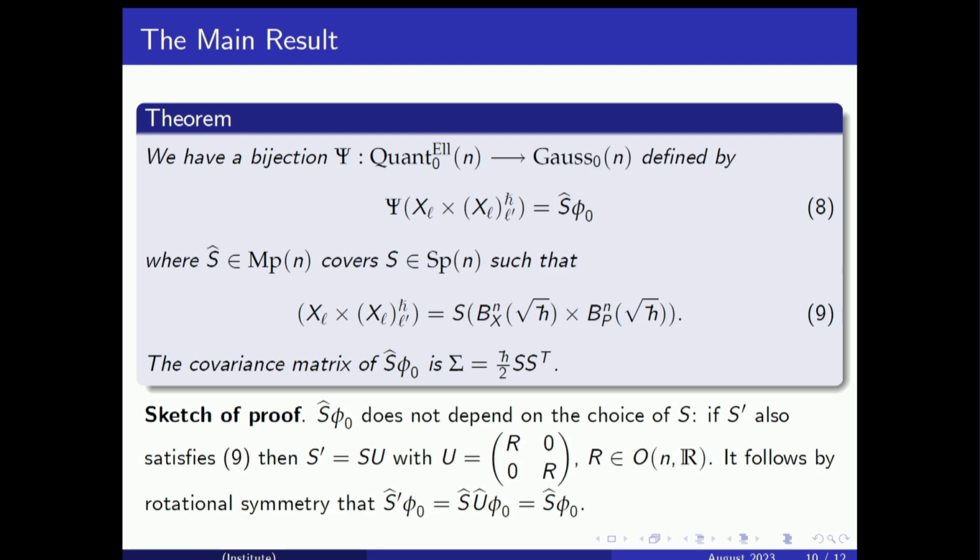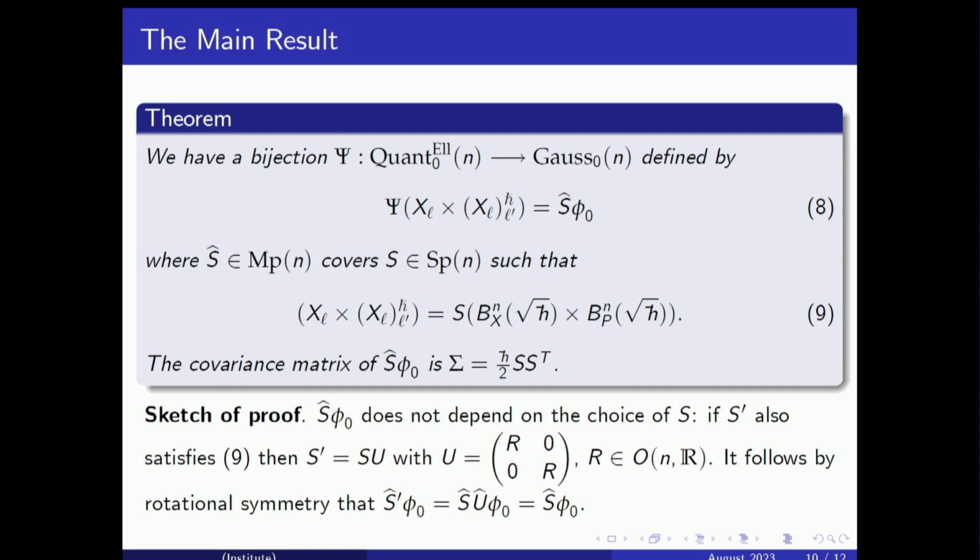The main difficulty is to prove that Ŝφ₀ does not depend on the choice of S. Let's suppose that S' is also another symplectic matrix satisfying the formula there. Then S' must be equal to SU, where U is a rotation, or an orthogonal symplectic matrix.